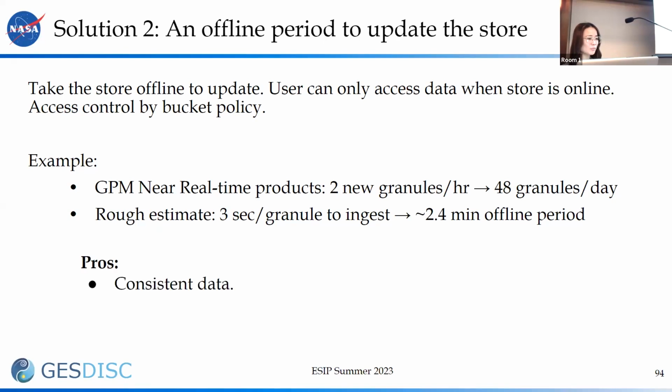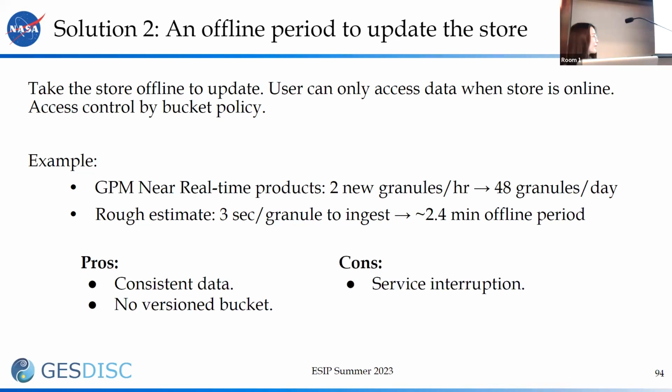Pros of this solution: consistent data, once again, no version bucket needed. On the other hand, by definition, this is a service interruption, and 2 minutes in my example is probably not terrible, but it could be a wide range. Yeah, and related to that is that there will be a lot more decision making for data managers.